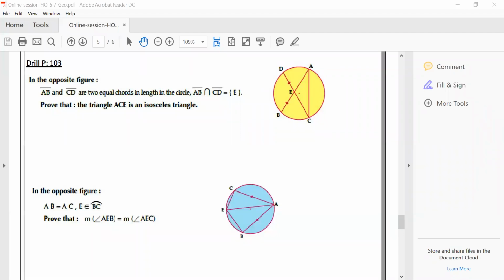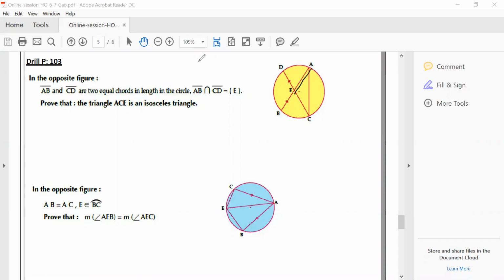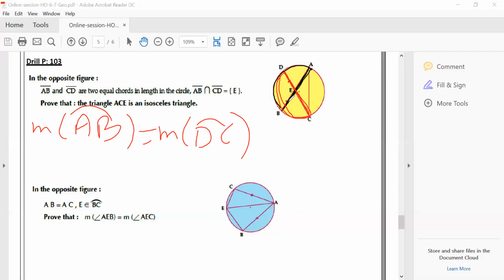Well, if I take AB, where is the opposite arc? Here is AB. Since AB equals DC, let's see CD. Which arc is opposite to CD? Here. So measure of arc AB equals measure of arc DC, because the arcs opposite to equal chords are equal.